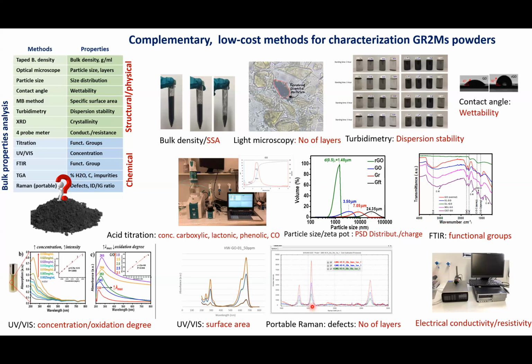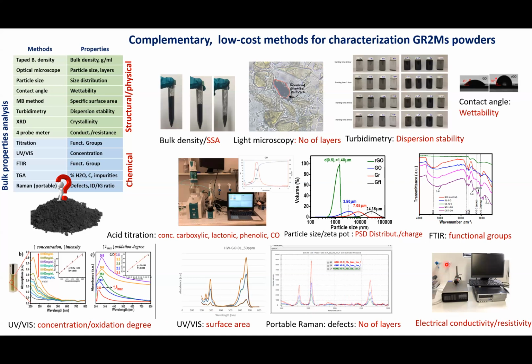Portable Raman can provide information on defects of your graphene sheets and also the number of layers. And finally, four-probe measurement can provide the electrical resistivity of your graphene material.